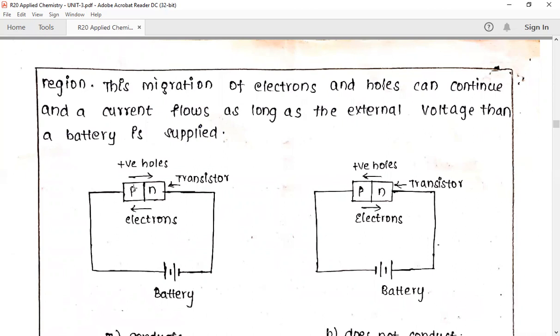Where the two areas meet, the electrons fill the holes, and there are no free holes or free electrons. This means that there are no available charge carriers in this region.